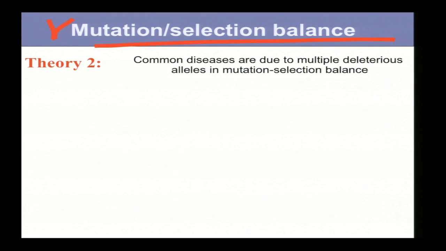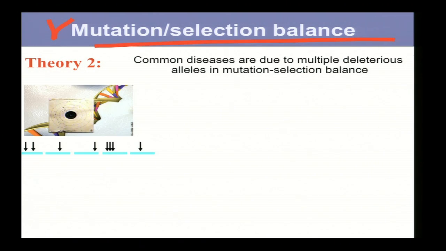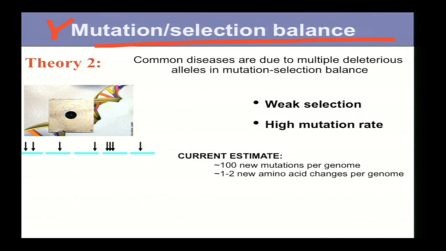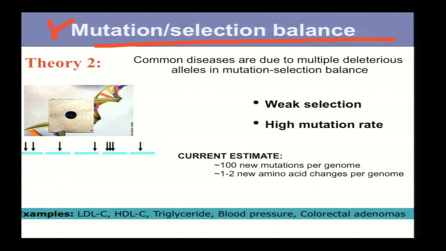The other possibility is that we have mutation-selection balance, so we have multiple genes which would influence the trait if mutated. Selection is relatively weak, so it cannot eliminate all the variation immediately. Mutation rate is relatively high, and we know, and I'll go over this, how many mutations happen per human. And there are many studies looking at rare variants in complex traits.